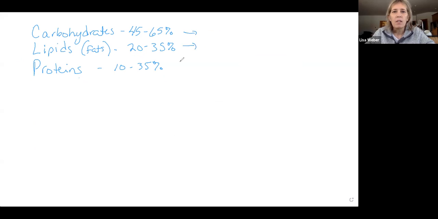Let's give an amount here. Let's say your carbohydrates were like 100 milligrams for the day, and for fats, maybe 50 milligrams. Let's make carbohydrates like 200 milligrams and proteins like 100 milligrams.